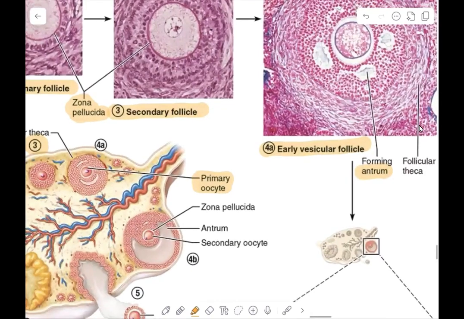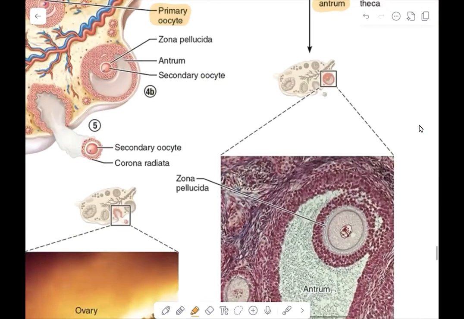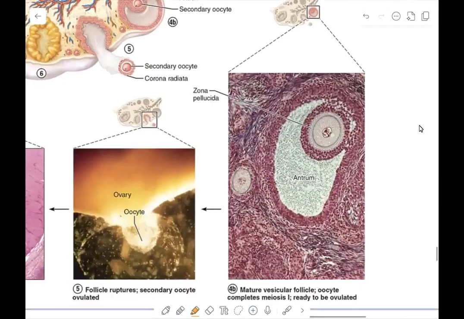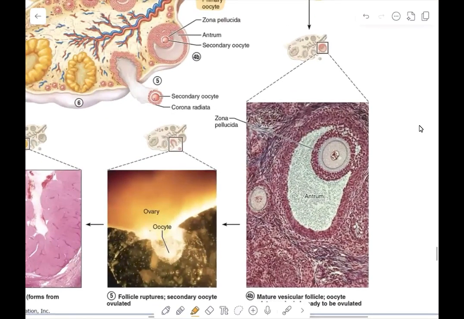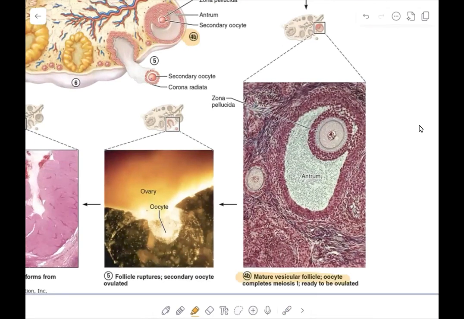Down here in 4B, we can see a more mature vesicular follicle. So this part up here is 4B, and that is down here, the mature follicle. So this is where that primary oocyte then is going to complete meiosis 1, and now it's a secondary oocyte.